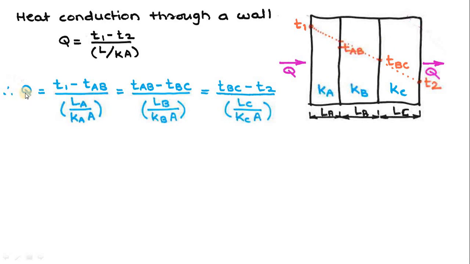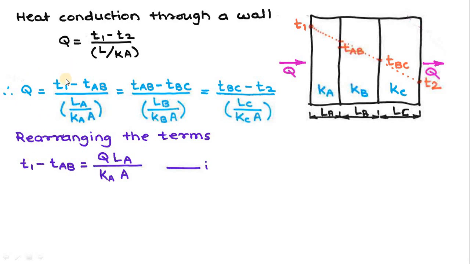Now since Q is constant throughout each and every slab, I can rearrange these terms. If I take this first expression and rearrange the terms for temperatures, it should be T1 minus Tab. This term is equal to, now the denominator goes to the numerator, so Q La divided by KaA.